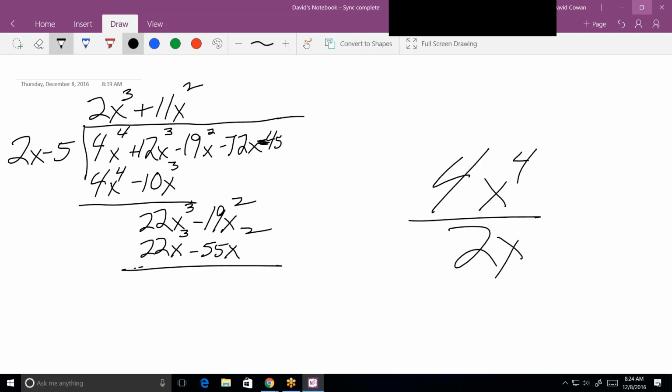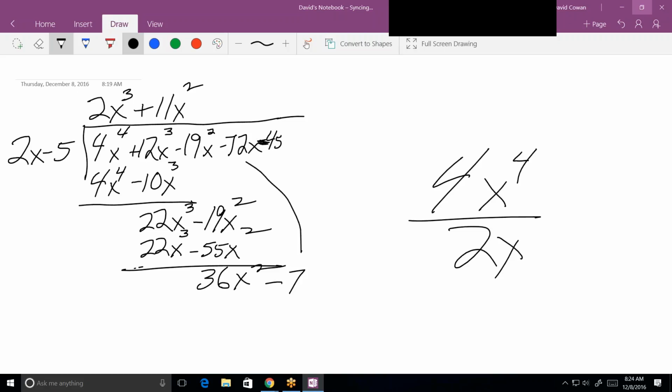No, remember I'm subtracting. Oh, right. So I'm subtracting a minus 55, which is the same as adding a plus 55. Yep. So I get a positive 36x squared down there. Okay?